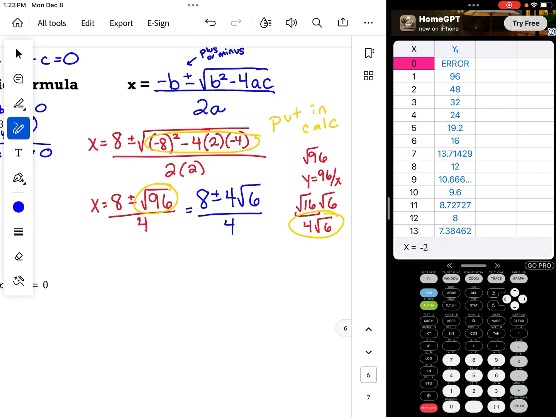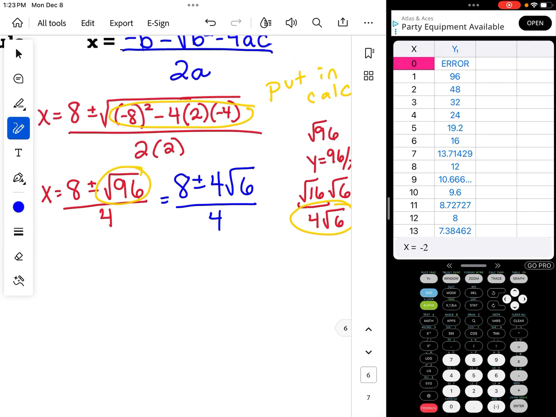Okay, the square root of 6 is going to make it where I can't get an actual number out of this. If I plug this in the calculator, it's going to give me a decimal. And I don't want that. I want the exact answer. So the only thing left to do is to see if any of these numbers will simplify. You see 8 over 4? This is like saying 8 over 4 and 4 square root of 6 over 4. Do you know what 8 over 4 is? 2. 2 over 1.